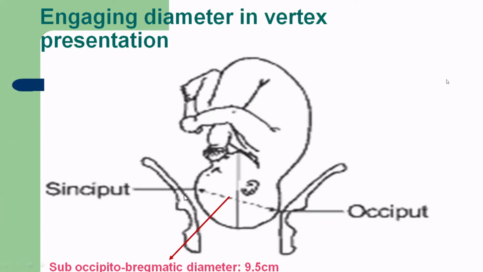This is the pelvic brim. This is a coronal section. And this is known as sinciput. The bregma is also known as sinciput, and the posterior fontanelle is the occiput. So the engaging diameter in vertex presentation is the suboccipitobregmatic diameter. In full flexion, you can see that the fetal chin is touching the chest.